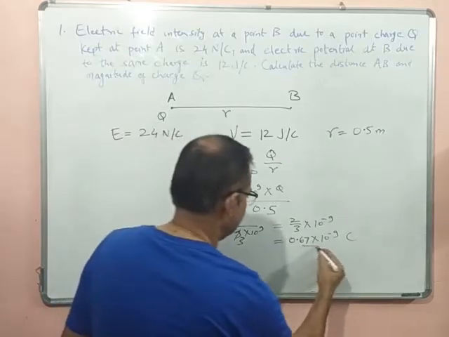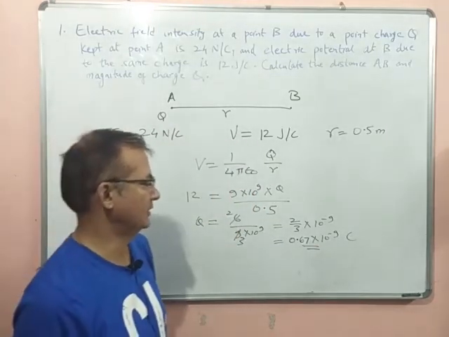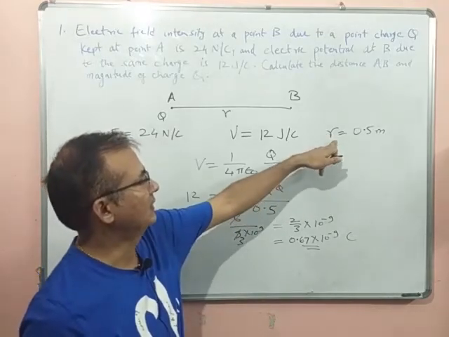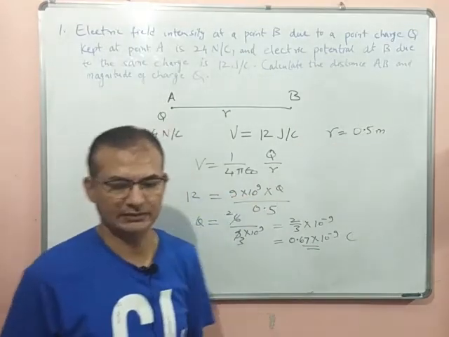So this is the answer. The value of the charge is 0.67 into 10 to the power minus 9 Coulomb. The distance AB is 0.5 meters.